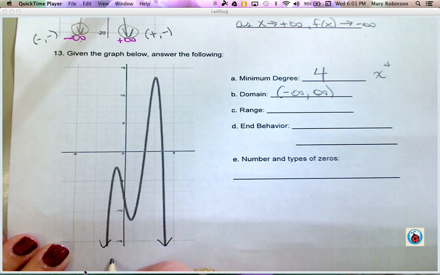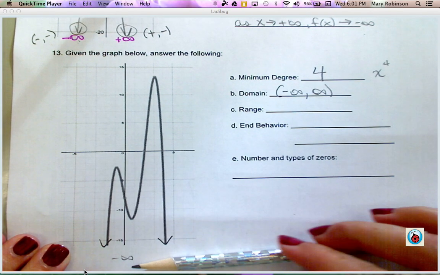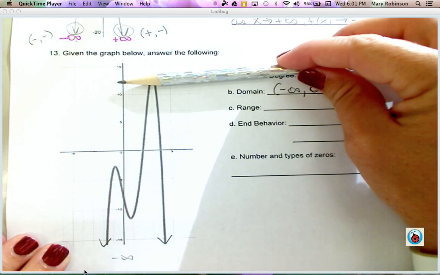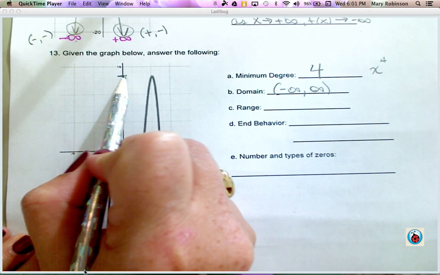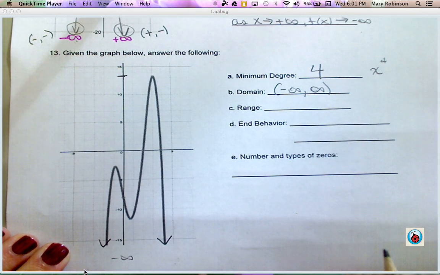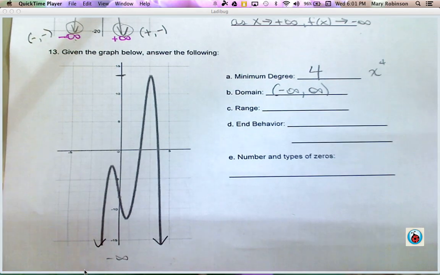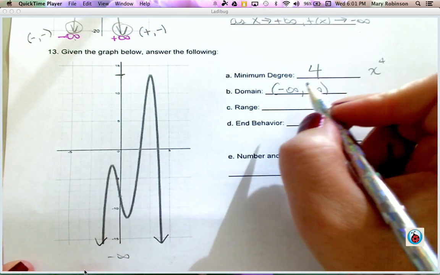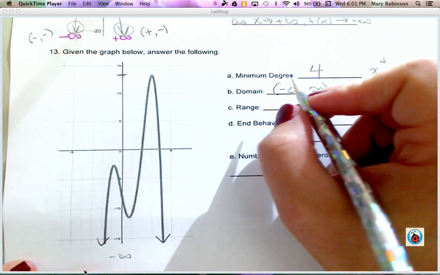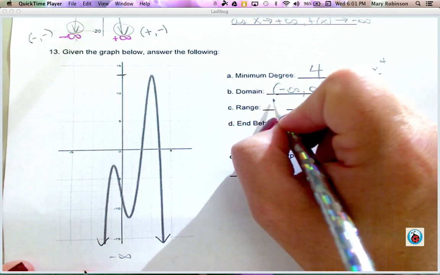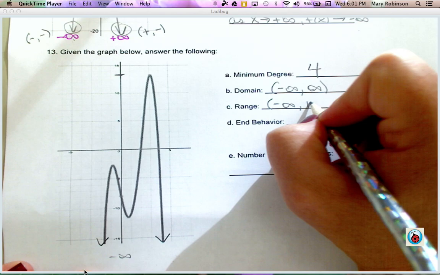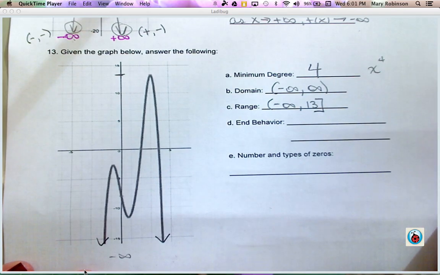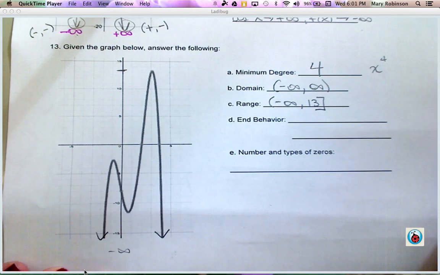This does go down to negative infinity, but the highest it goes is up to this point. Looking at the graph carefully, it's at about 13 or 13 and a half. I'd be rather flexible if it was this fuzzy on the end. So our lowest y is negative infinity, our highest y is about 13, and it does include that point, so we have a bracket at the end.